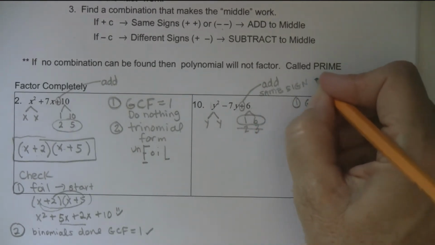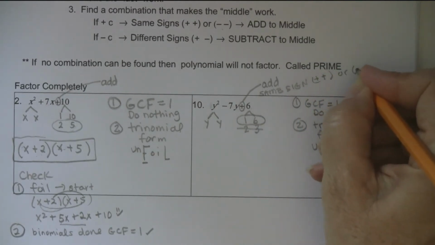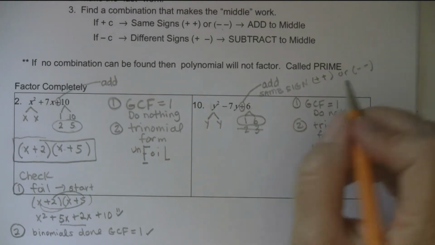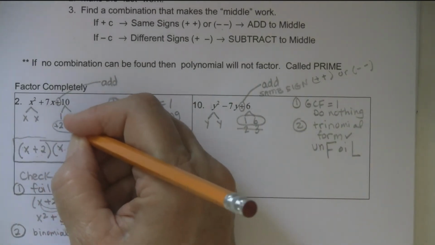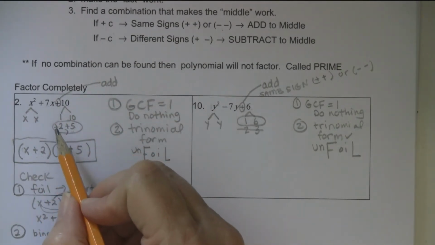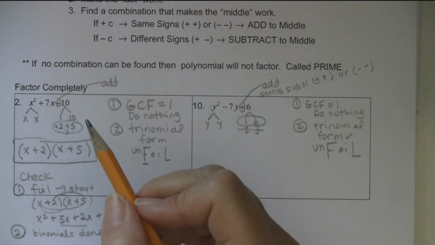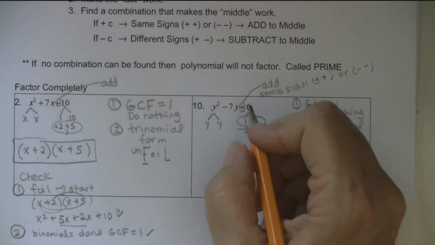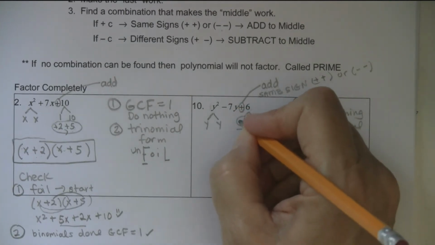So they might be both positive, or they might be both negative. On this one, they were both positive, because when I wanted to multiply them together, I wanted to get positive 7, and the only way that could happen is if they were both positive. They're both the same, right? If you want negative, then they both have to be negative.